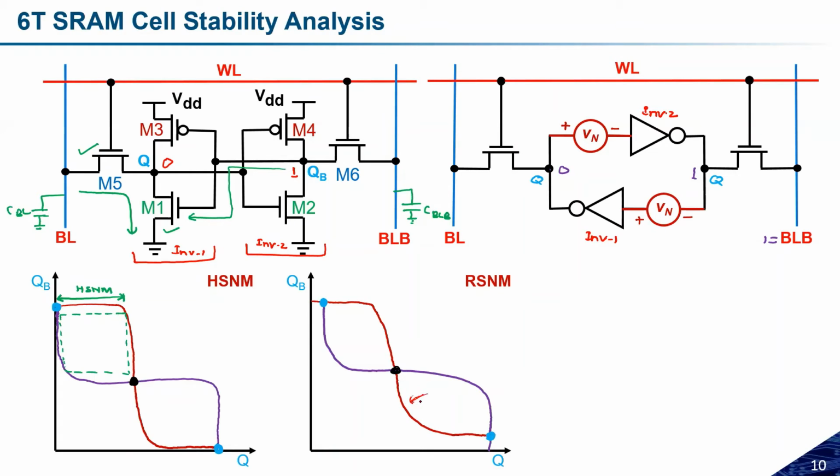Because see here, the input is Q and the output is QB, so the brown characteristic is for inverter 2, and the purple one is due to inverter number 1.